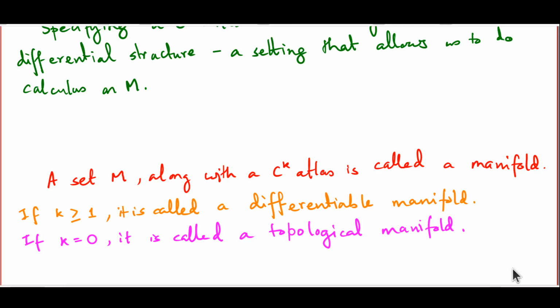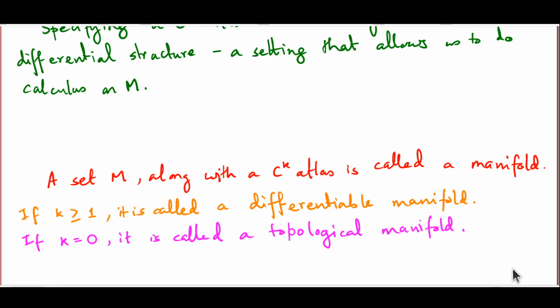Before I wind up today's lecture, let me just point out one thing. That's more about terminology. We have defined a C^k subatlas as a bunch of mutually C^k compatible charts which cover your entire set, and a C^k atlas as something which you get when you add to a C^k subatlas all possible charts which are C^k compatible to that.